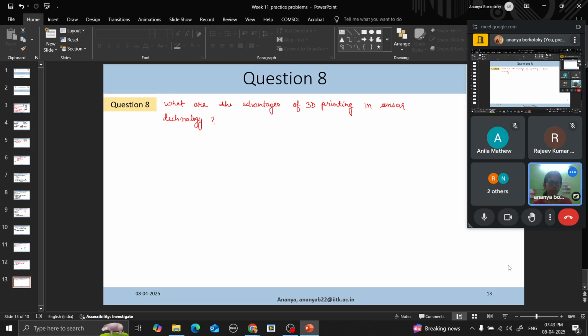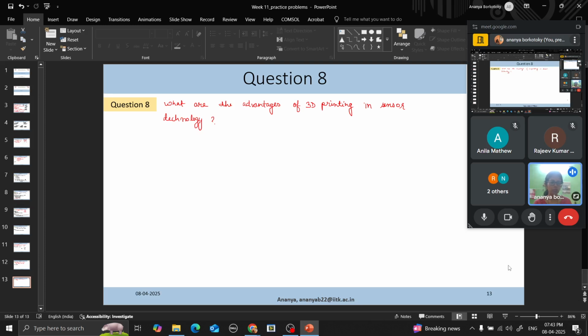If we can make an ink of our desired material, we can just take some platform, some substrate, and if it bonds with our substrate, we can go for 3D printing very easily.